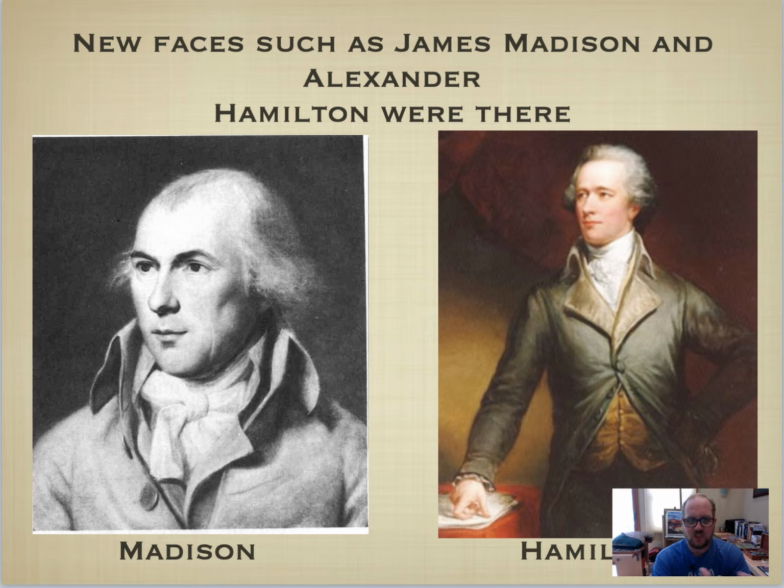Both will become very staunch Federalists who are going to be supporters of the Constitution. Eventually, Madison is going to change his viewpoint later on in the 1780s and 90s to become more of a Jeffersonian or anti-Federalist in his mindset.